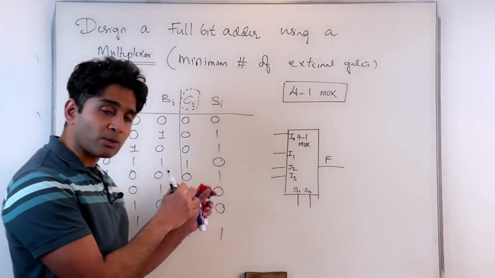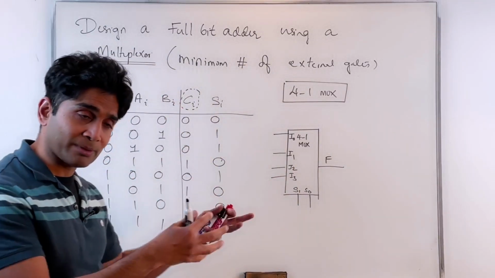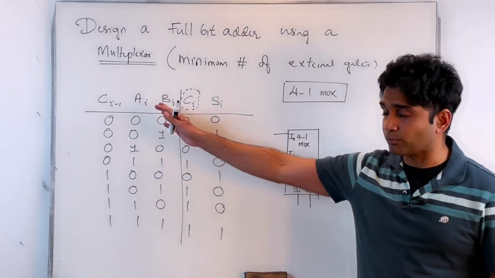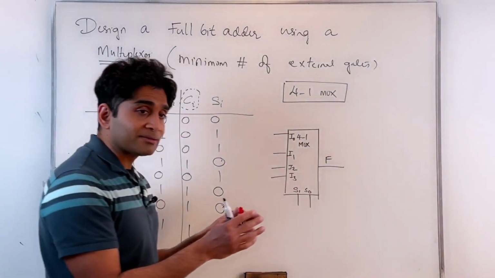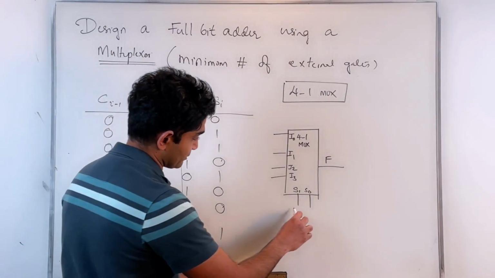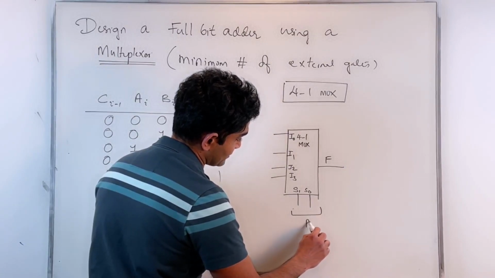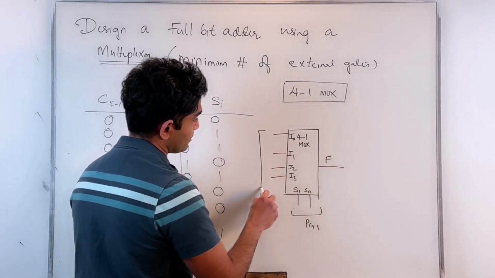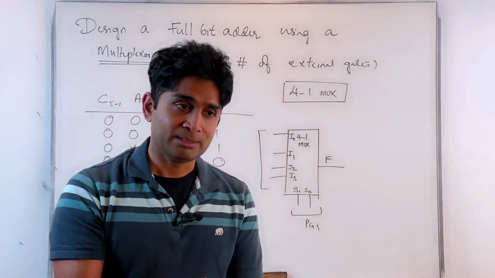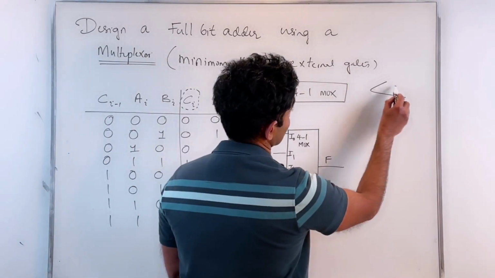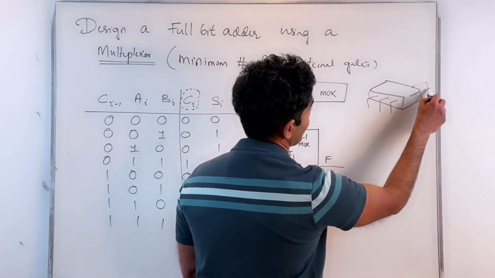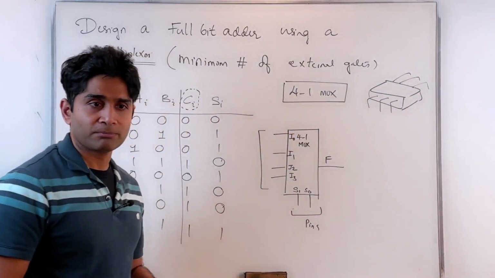Now I know what the function is that I want to implement, and I want to map my inputs. Remember that the only things accessible to me as a designer at this stage are these pins, the input pins of the IC. You can think of this as an IC chip that you can buy, the integrated circuit package that you can solder onto your PCB.